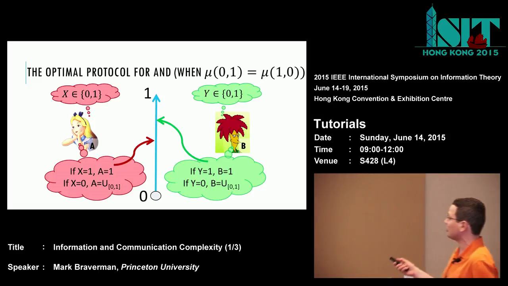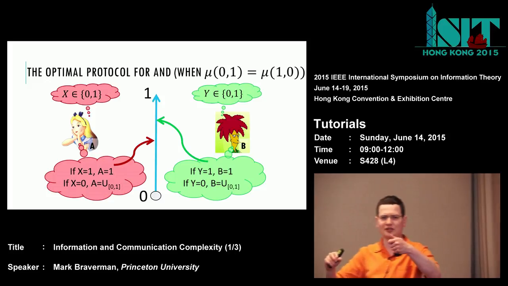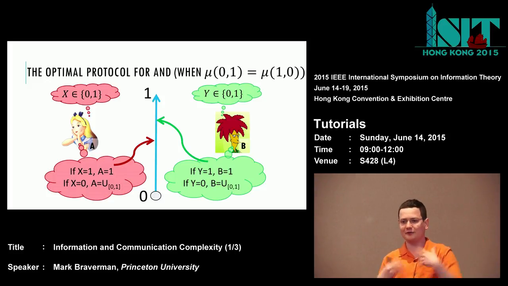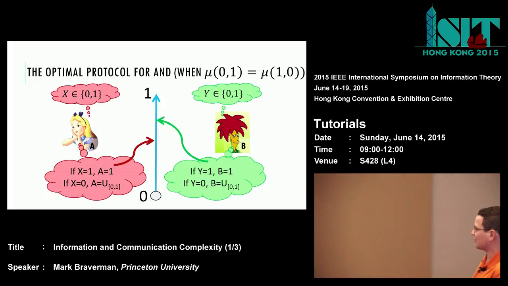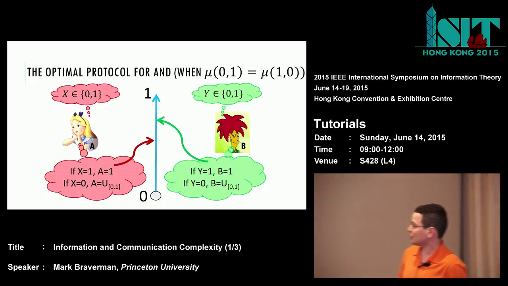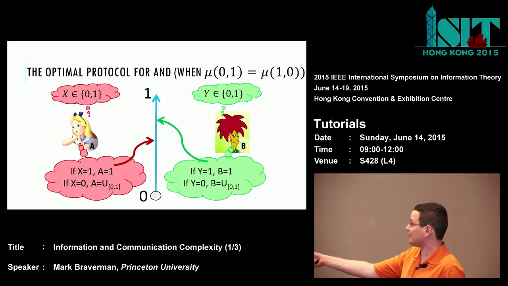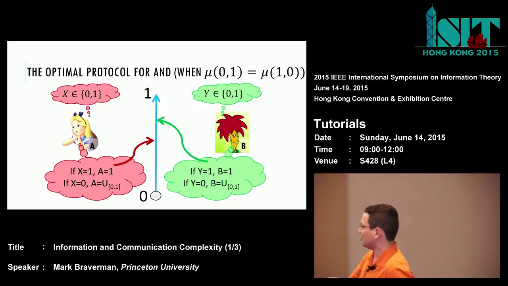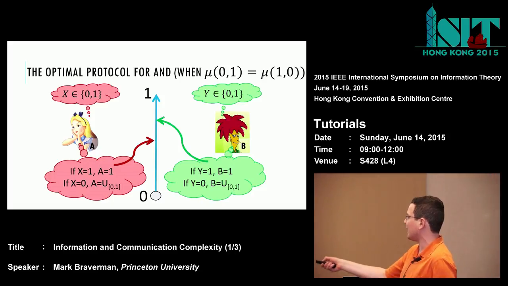So here is the optimal protocol. It's for the special case where the prior distribution is symmetric, so the probability of 1,0 is equal to 0,1. If it's not symmetric, then an extra step is needed. But let's just stay with this case. So here is the protocol. It actually relies on using private randomness, and that's necessary. So Alice looks at her input. If it's 1, she sets her number A to be 1.